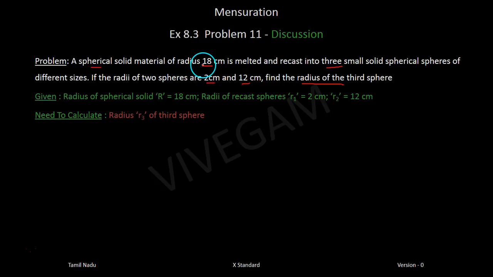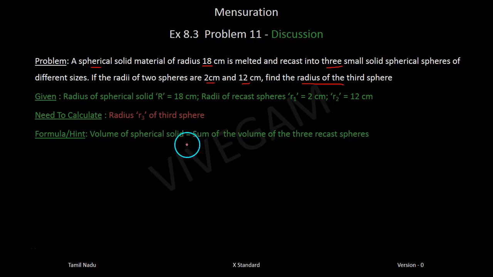So whatever volume is there in this sphere will be also in all these three. So the sum of the volumes of these three spheres will be equal to the volume of the bigger sphere. Okay, that's a key point. So volume of the spherical solid equals the sum of the volume of the three recast spheres.